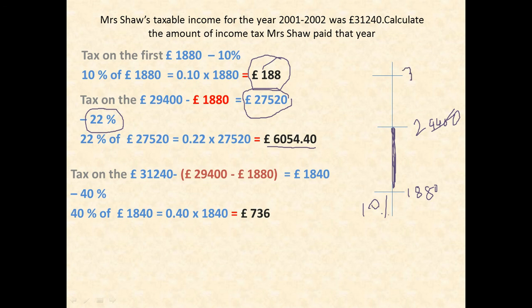Now after this is what is left. His total income was 31,240 pounds. So this is the income that he has to pay tax on. This was the total income.